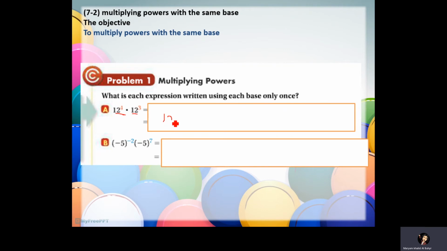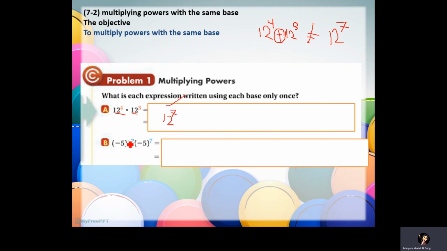So directly that is 12 to the power 4 plus 3, which is 7. Keep in mind, 12 to the power 4 plus 12 to the power 3 is not equal to 12 to the power 7. It's wrong. If you don't have multiplication, you cannot add the powers, while if you have multiplication, you can add the powers.